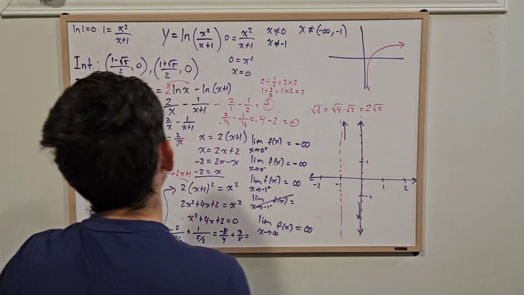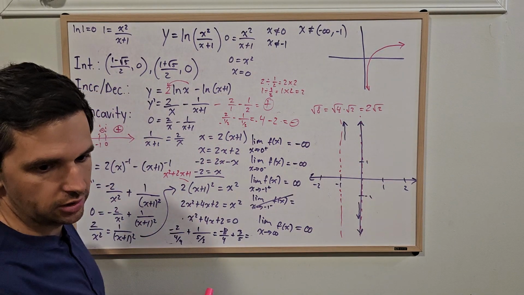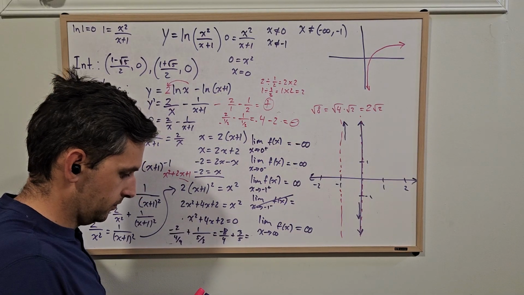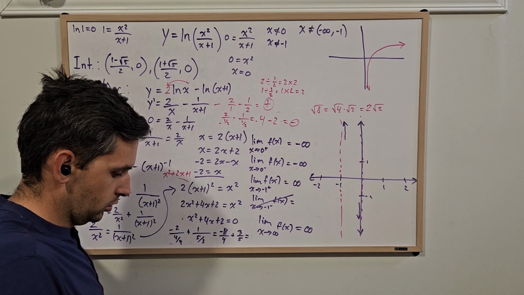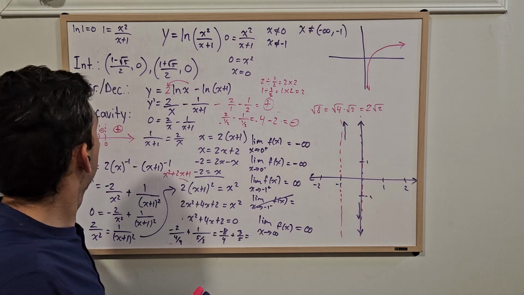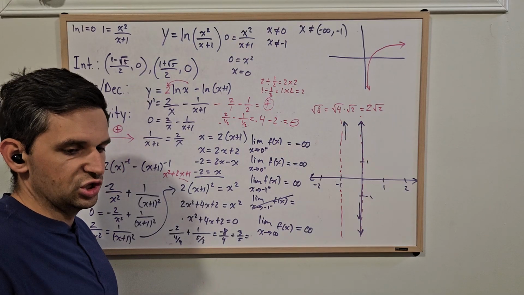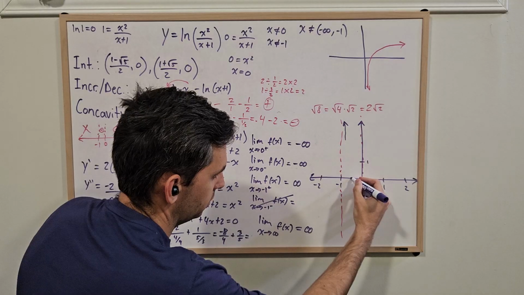So I'm going to have a curve that's probably going to come down like this. And we're going to need to use our x-intercept over here. 1 minus root 5, right? Yeah, so that's going to be 1 minus 2.23, divided by 2. That's going to be negative 0.6. 0.6 is going to be somewhere over here.